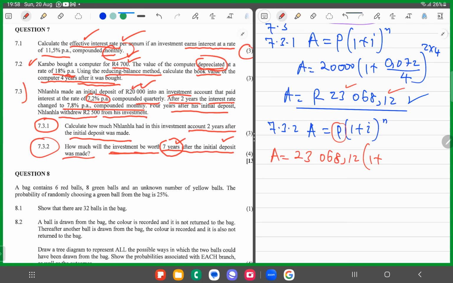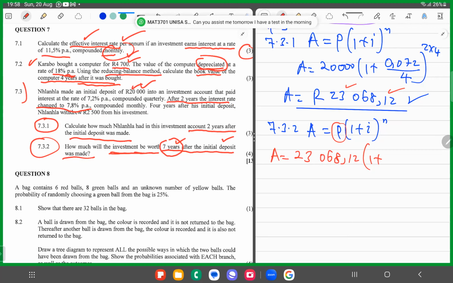So I want us to analyze this carefully. Okay, let me remove some of the ink. I want us to analyze the statement of the change in the rate, that after 2 years, the interest rate changed to this one.